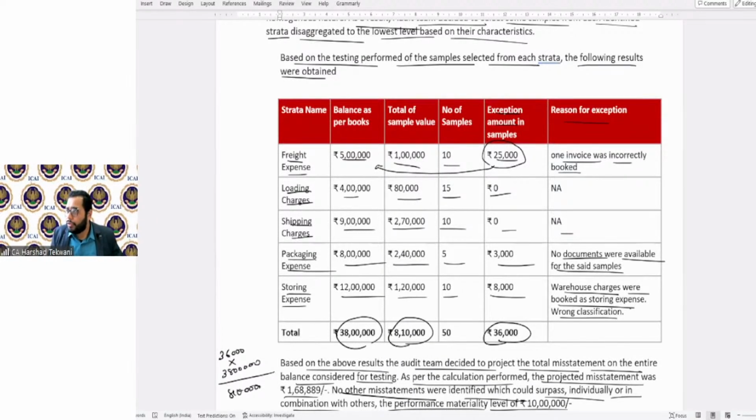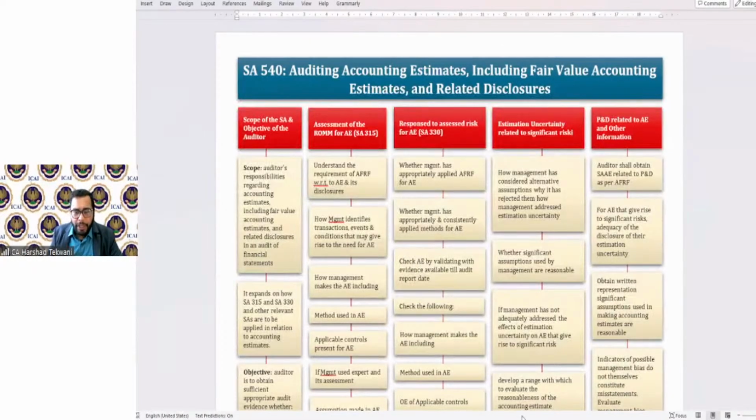Okay. So I'll move to the next standard. Very important one. It's SA 540. SA 540 basically talks about accounting estimates, including fair value estimates and related disclosures.